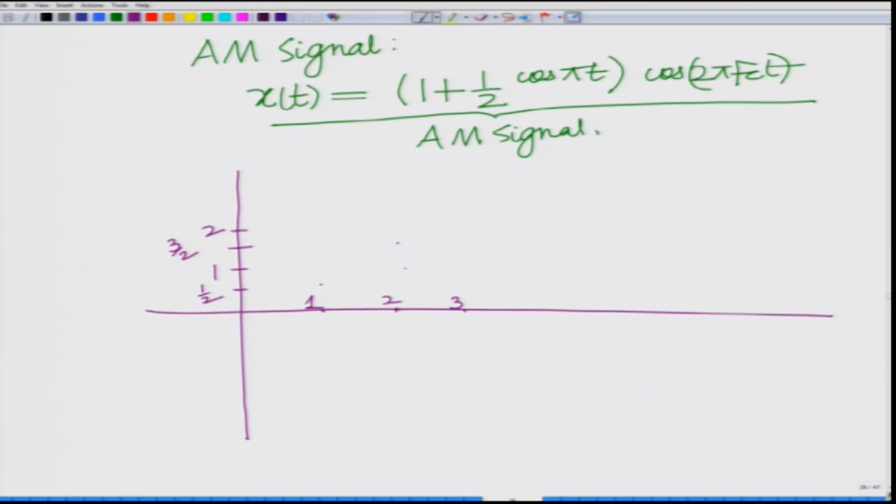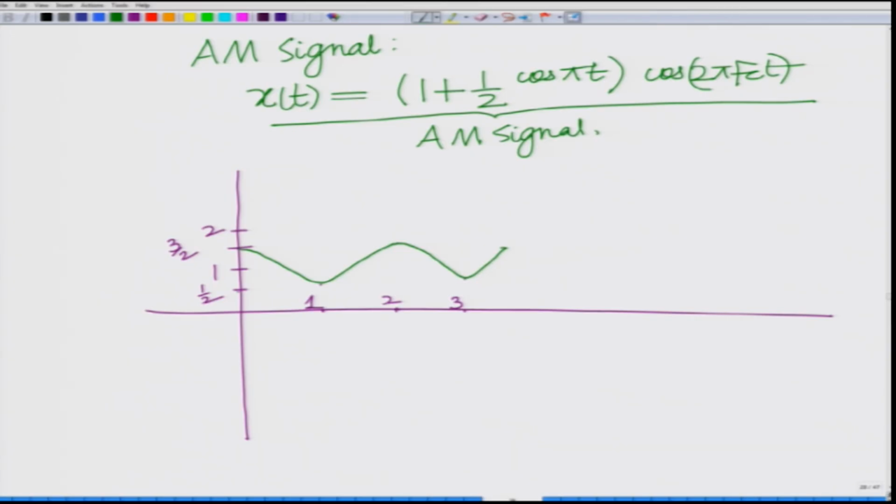At t equal to 3, this is going to be equal to half, and so on. So, if I join these points now, I have some signal that looks like this.